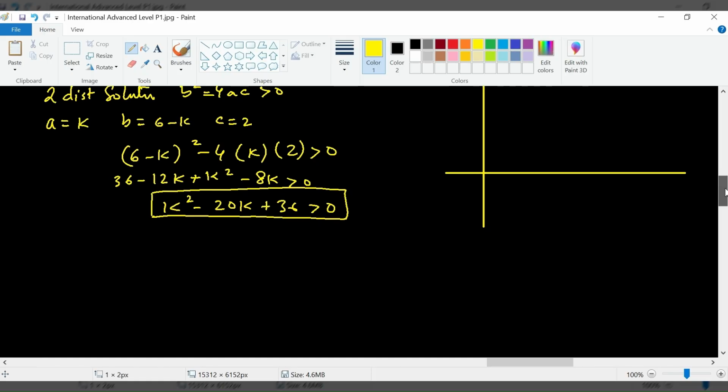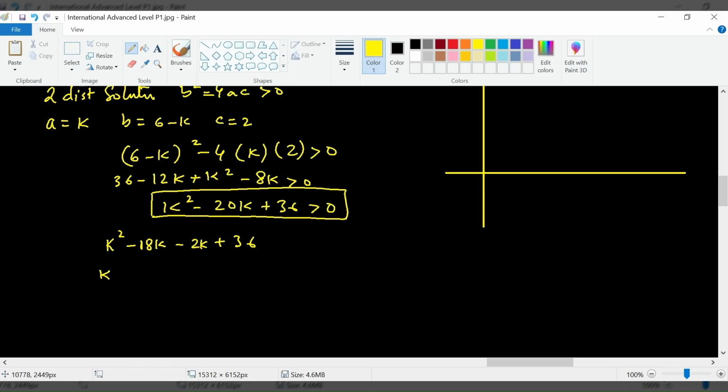As we can see, this quadratic has k squared minus 20k plus 36, and this is greater than 0. Now let's see what factors this has. We know very well we need to get 20. So I will write k squared like this, and plus 36. And I know 18 times 2 is 36. So minus 18k, and minus 2k is going to give us minus 20, and 18 times 2 is 36.